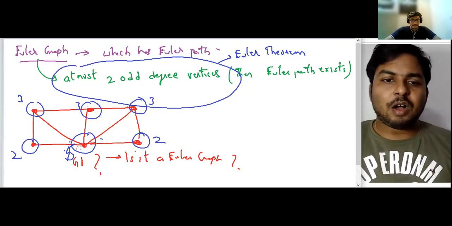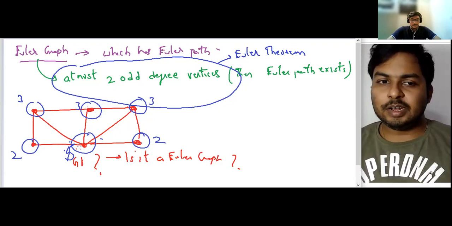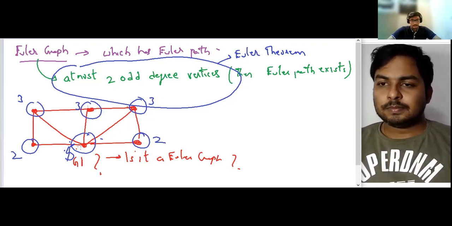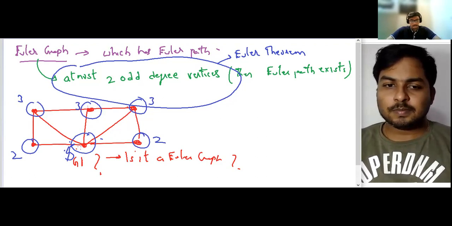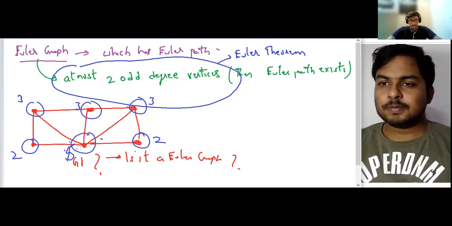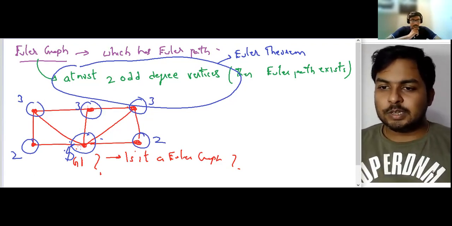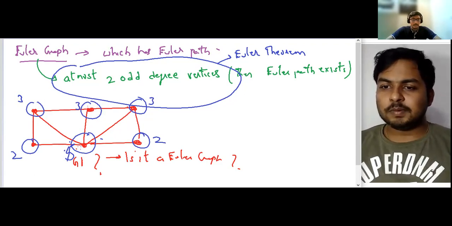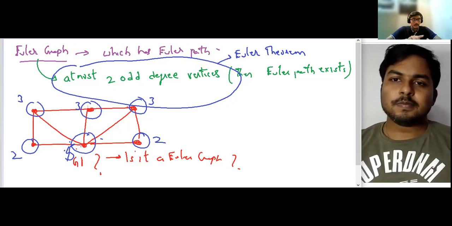Tell me, how many vertices in this graph have odd degree? Very simple. Four.